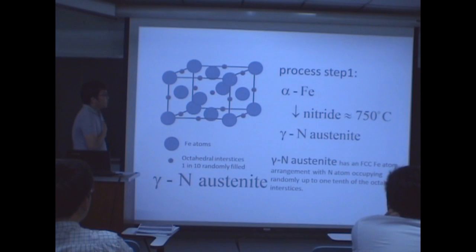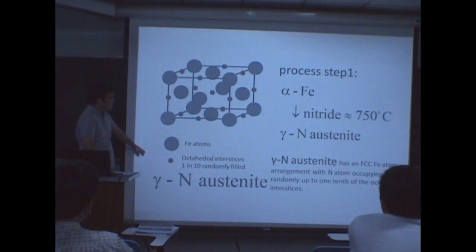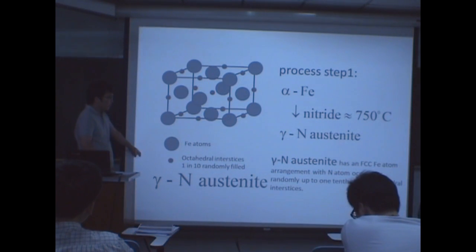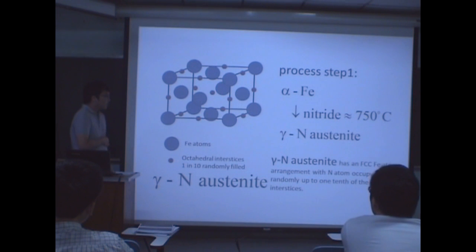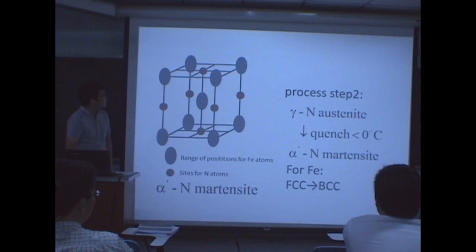In the following three slides, I will introduce the phases involved. In step one, austenite is obtained. The austenite has an FCC iron arrangement with nitrogen occupying 1/10 of the octahedral sites.